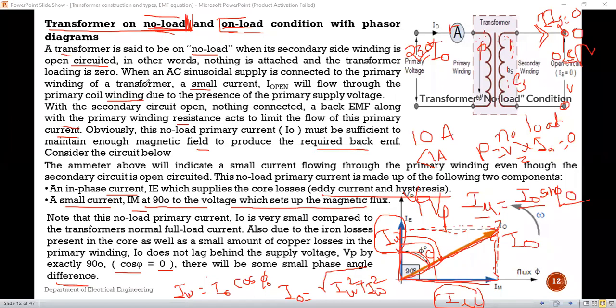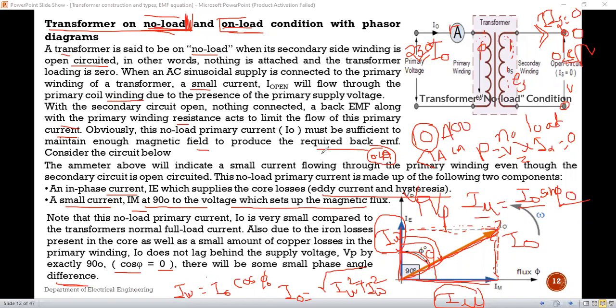Suppose the rated current is 10 ampere, 1% of that is near about 0.1 ampere. Similarly, for 100 ampere, 1% is near about 1 ampere. So this current is very small as compared to the full load primary current.